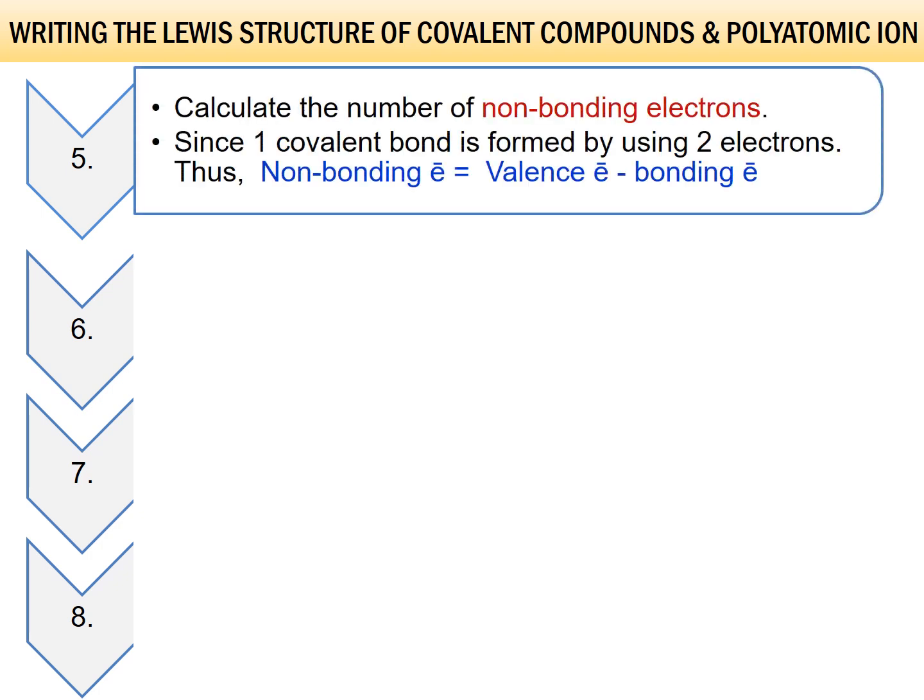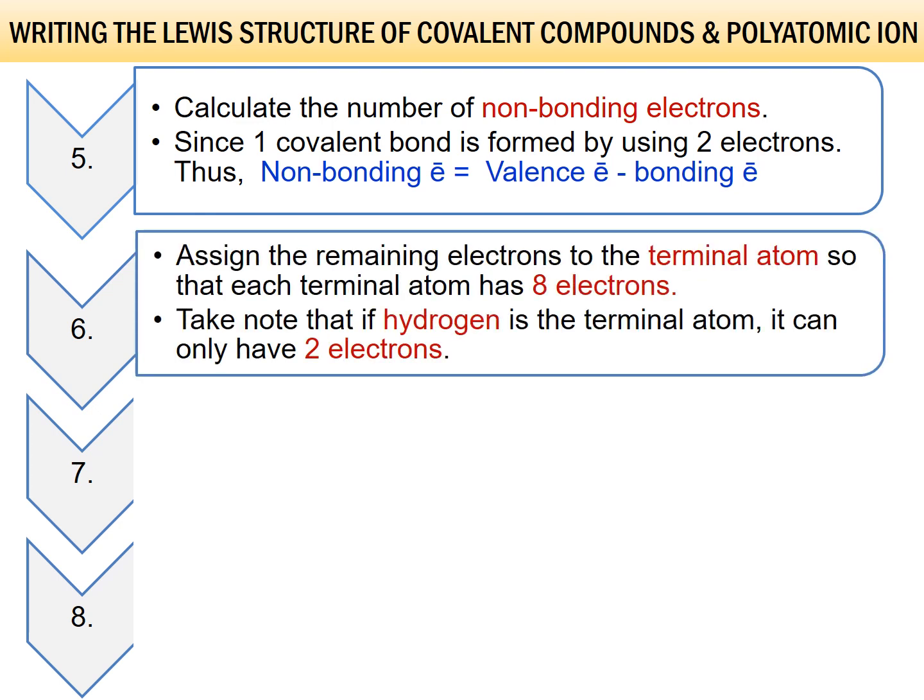Calculate the number of non-bonding electrons. Subtract the number of electrons involved in bonding from the total valence electrons from step 2. Next, step 6. Use the valence electrons in pairs to fill the octet, except hydrogen, of the terminal atoms.